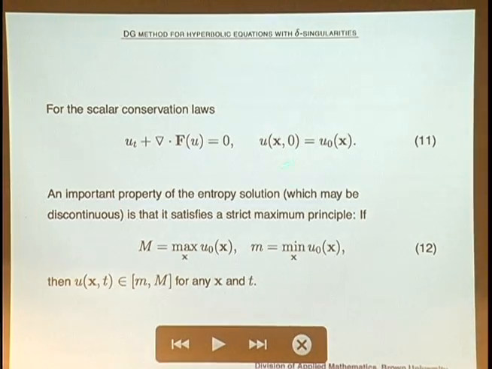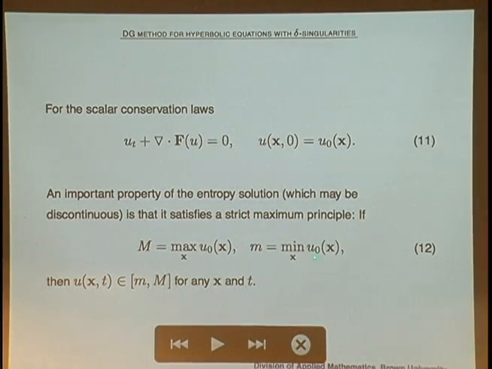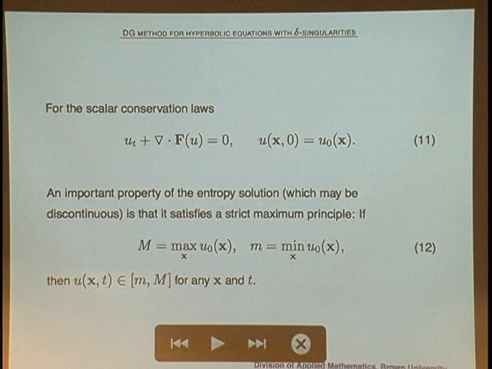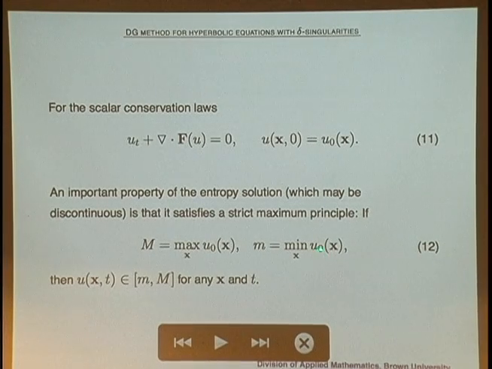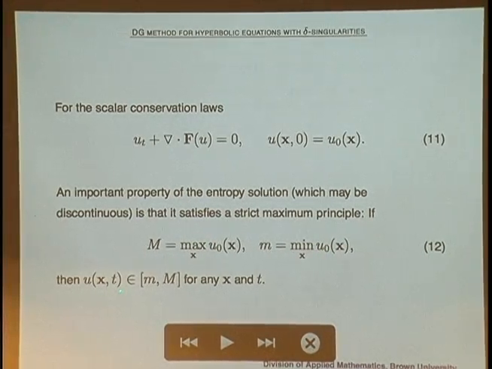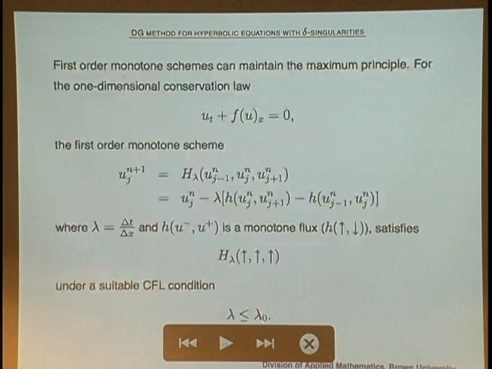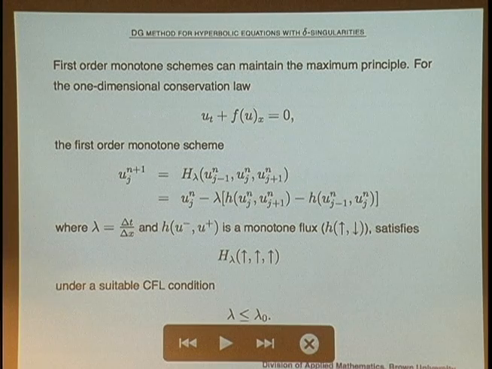So this limiter is the following. When it was designed, it was to enforce the maximum principle. So basically, if you have the entropy solution to this PDE with this minimum and maximum initially, then the entropy solution stays in the bound. So the idea is that you want to keep your numerical solution also in the bound. So how do you do that? Okay, the first-order scheme is very easily done.